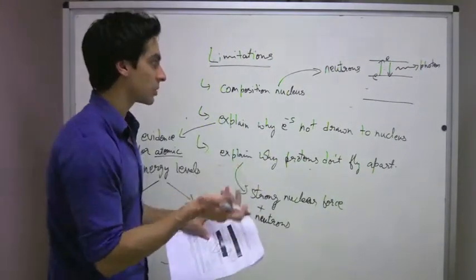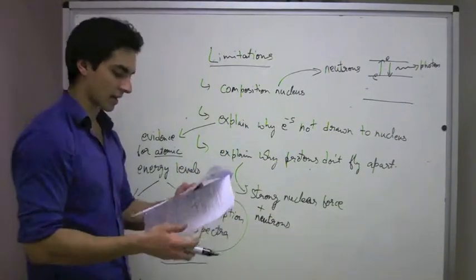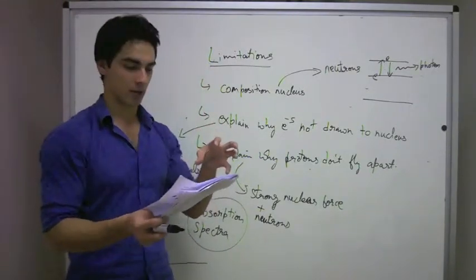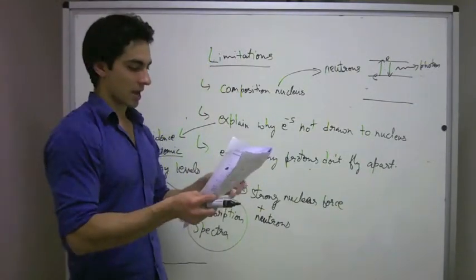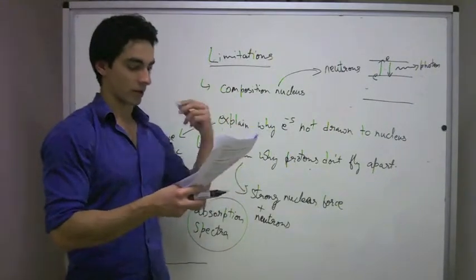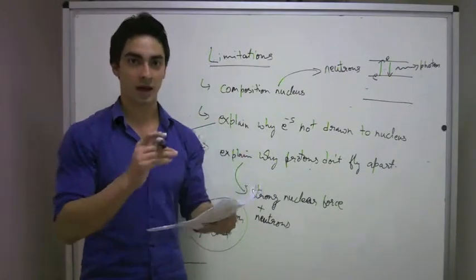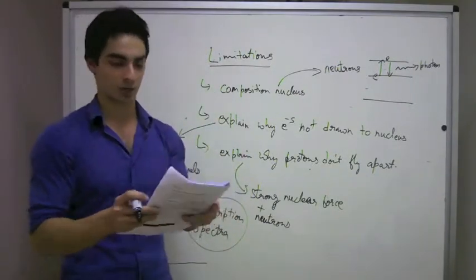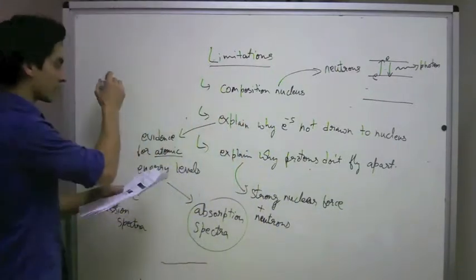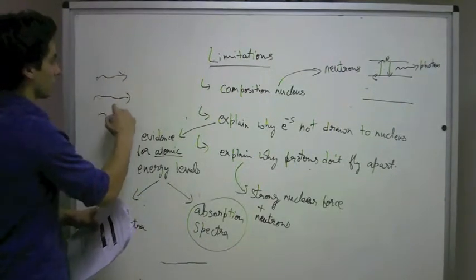Okay, absorption spectra is simply the opposite. What happens in absorption spectra is that you have a filament lamp at a high temperature, and it basically passes light through a sodium discharge tube, which has a gas at a low pressure and temperature. So this filament lamp is giving away photons of various wavelengths.